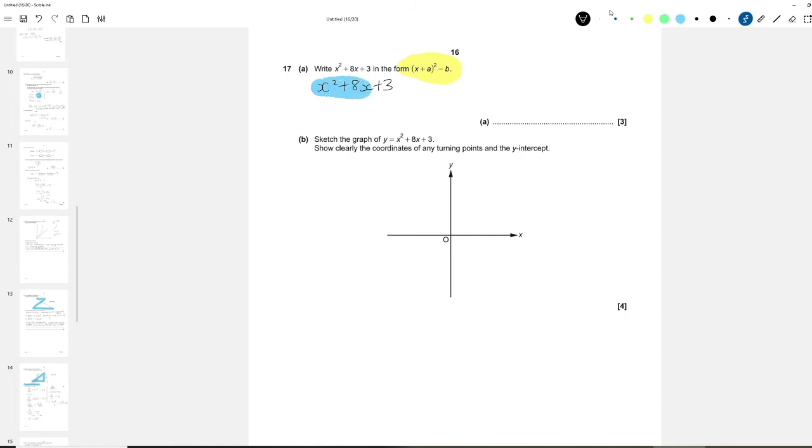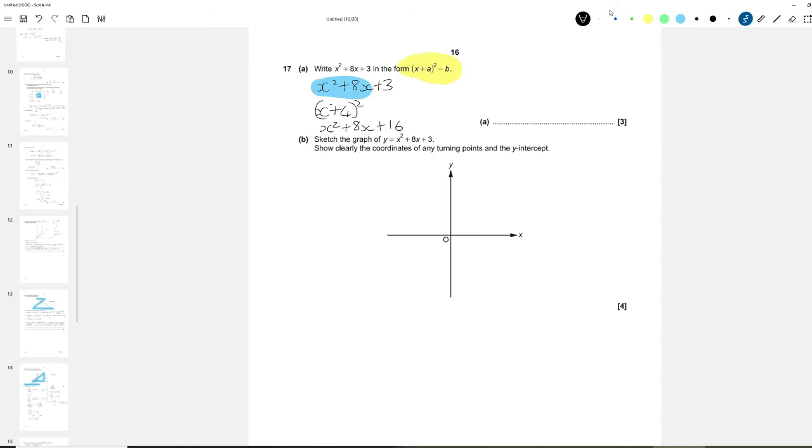Now to do that, we will halve the coefficient of x, which is 4. So I'll do (x plus 4) squared. Now if you work out (x plus 4) squared, you'll get x squared plus 8x plus 16.